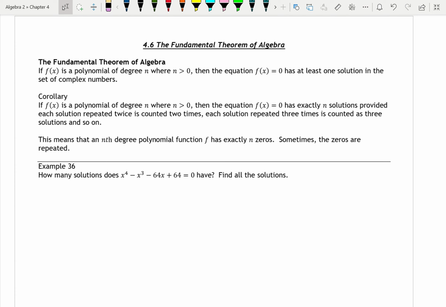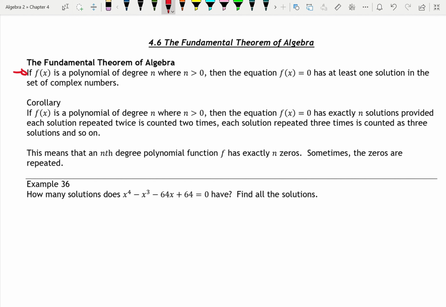So let's read here. If f of x is a polynomial function of degree n, where n is greater than 0. If n was 0, then it would just be a constant, something like 0 equals 0. You could say that 0 is a polynomial of degree 0. So we want degree to be greater than 0, so that would be something with a variable in it.